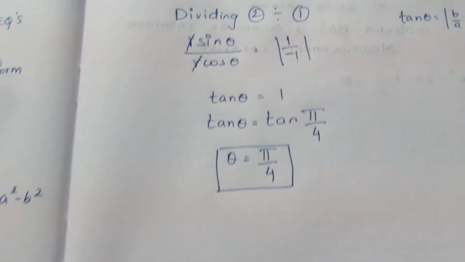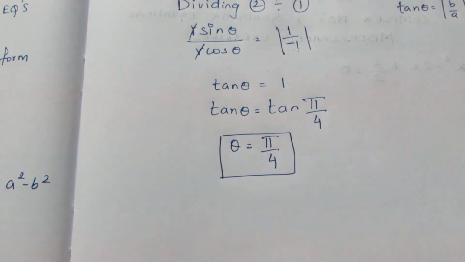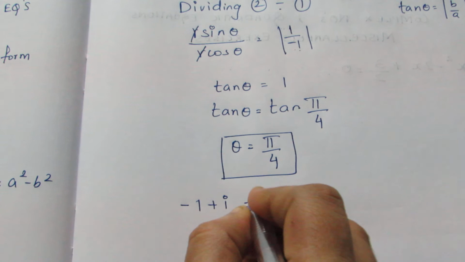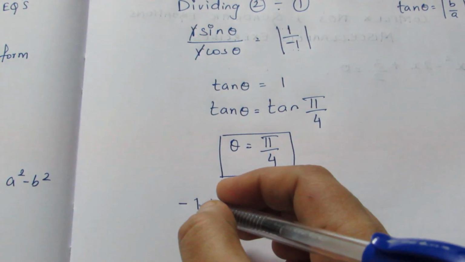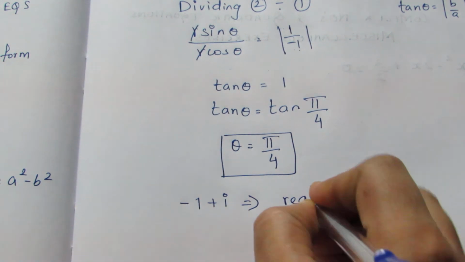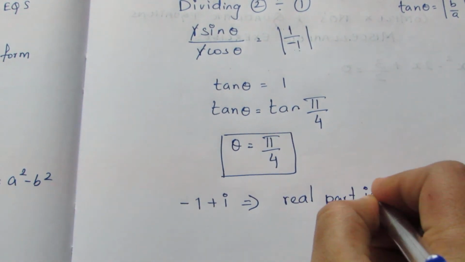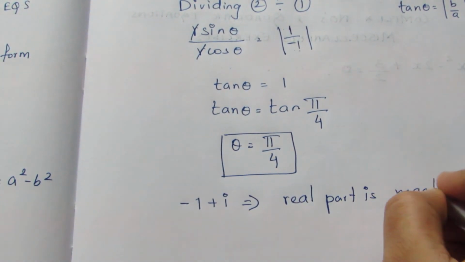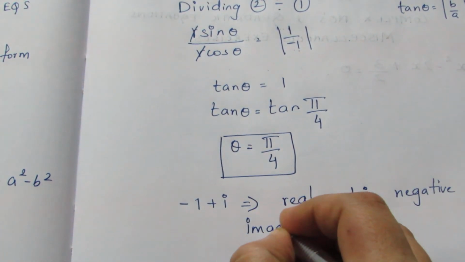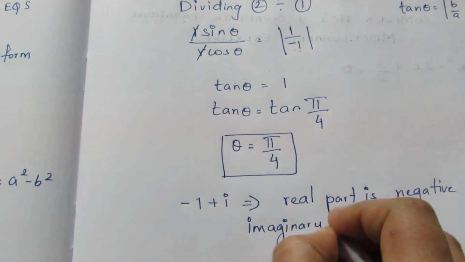In the question, after conjugation we got minus 1 plus i. Here the real part is negative and the imaginary part is positive.